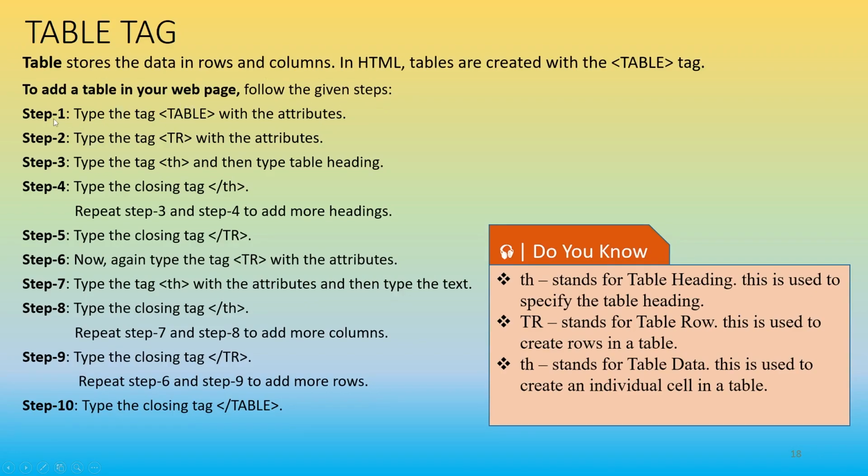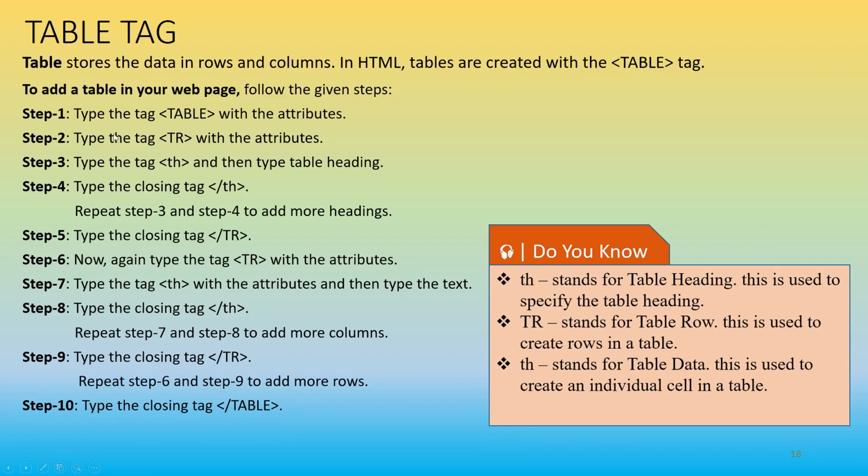So step 1 is you have to type the tag table with its attributes. See, all the attributes are specified along with the opening tag. So here also we will type the tag table with the attributes.